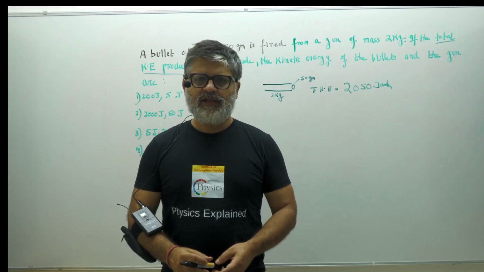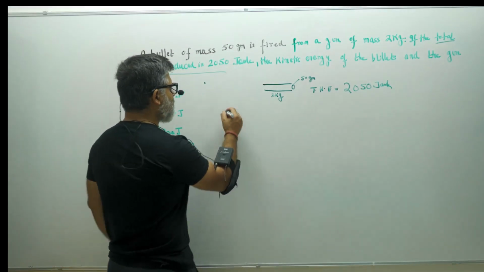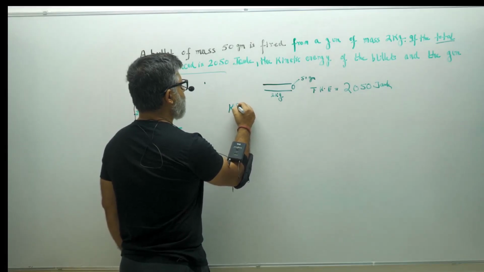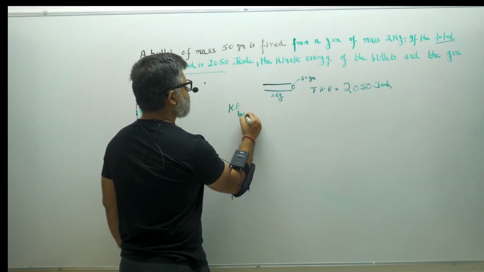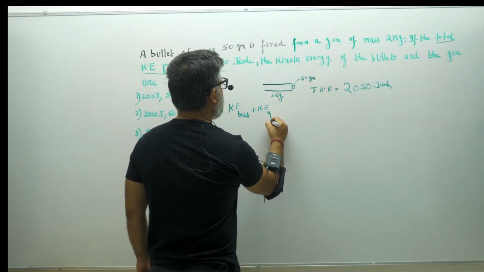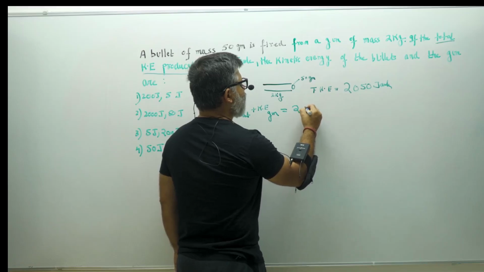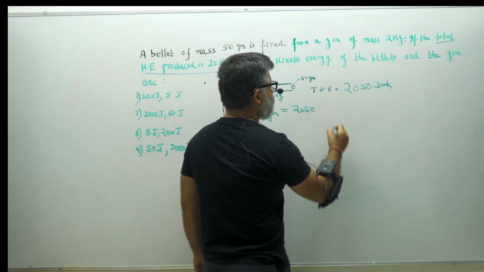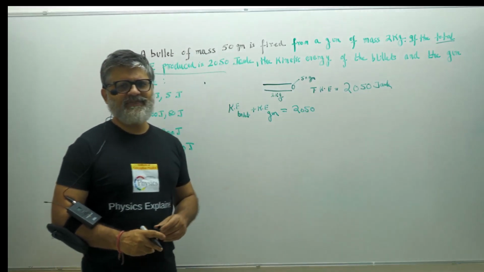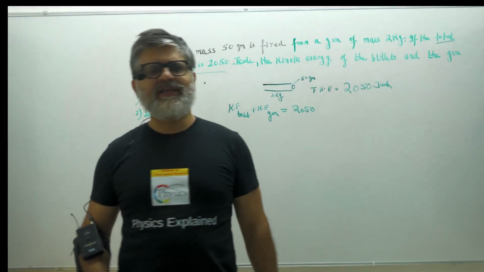Okay. Now, if you note this, a lot of students will say, okay, the kinetic energy of the bullet plus the kinetic energy of the gun is equal to 2050 joules, which is very fair statement to make because it is given in your question. But let's think logically.